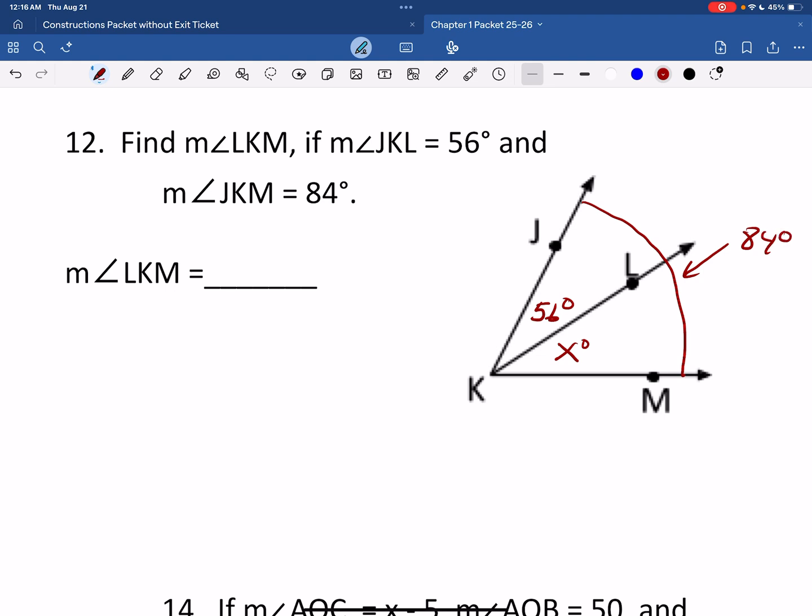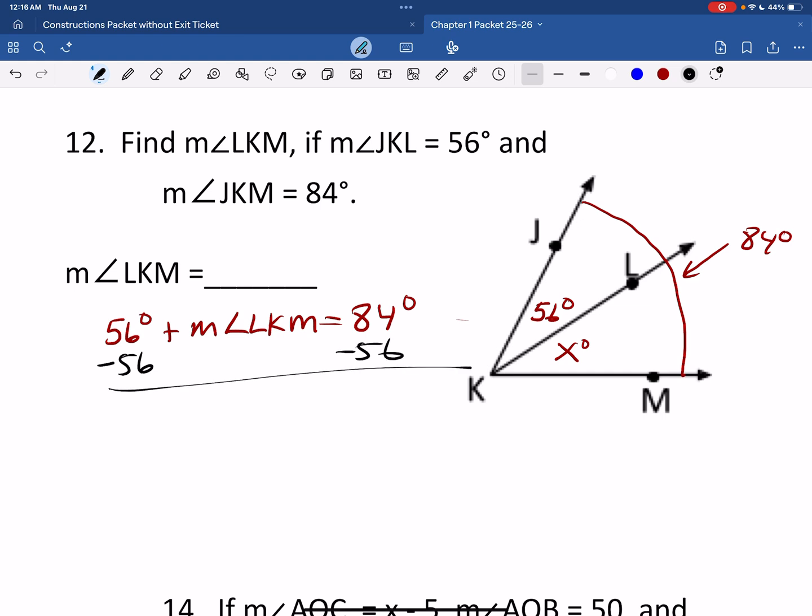So your equation this time should have been 56 degrees plus the measure of angle LKM is equal to 84 degrees. And now I'm going to subtract. Minus 56, minus 56. So those cancel. So this is equal to 28 degrees.